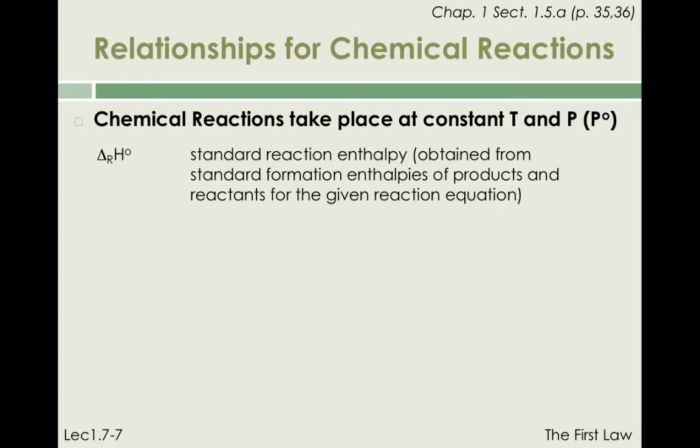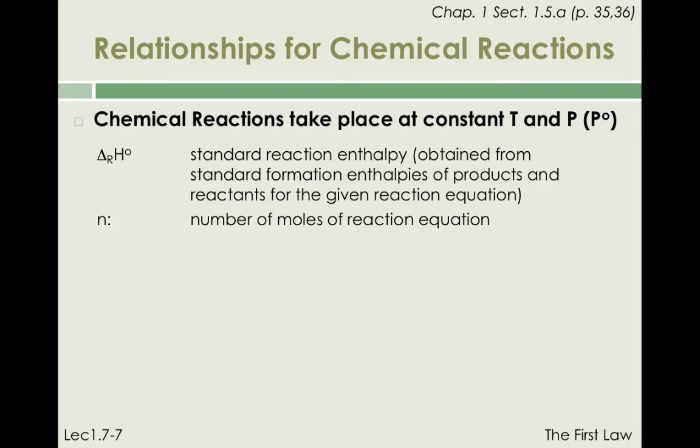First, we calculate the standard reaction enthalpy, ΔrH standard, for 1 mole of reaction equation, using one of the 4 methods discussed in lectures 1.5 and 1.6, namely adiabatic bomb calorimetry, bond enthalpies, Hess's law, or preferably standard formation enthalpies.